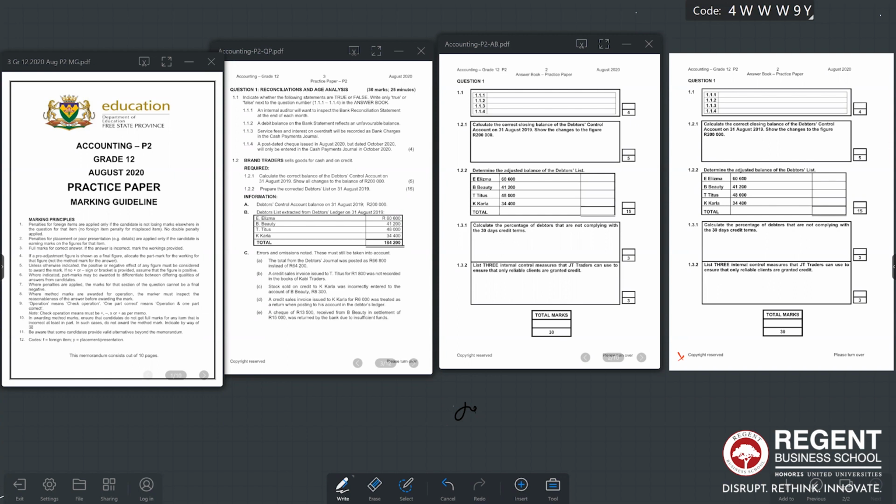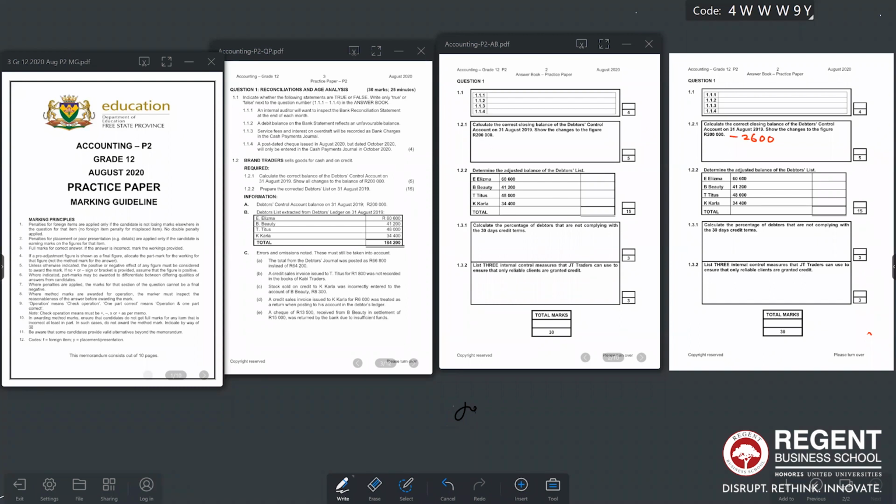So when I go to debtors control, I'm going to say minus 2,600. It will be minus 2,600. So there's minus 2,600 over there by debtors control because you added too much. Okay, so that takes care of the first one.